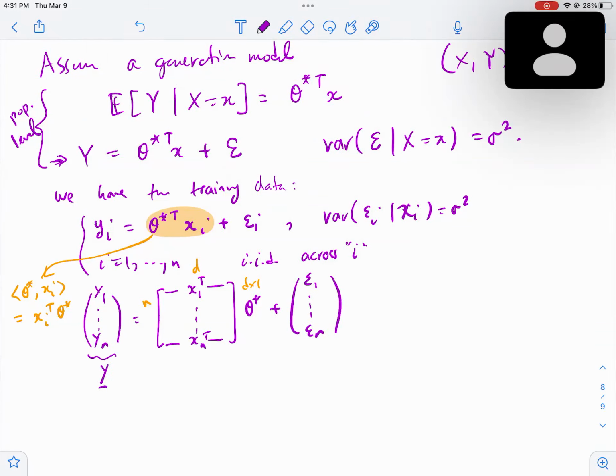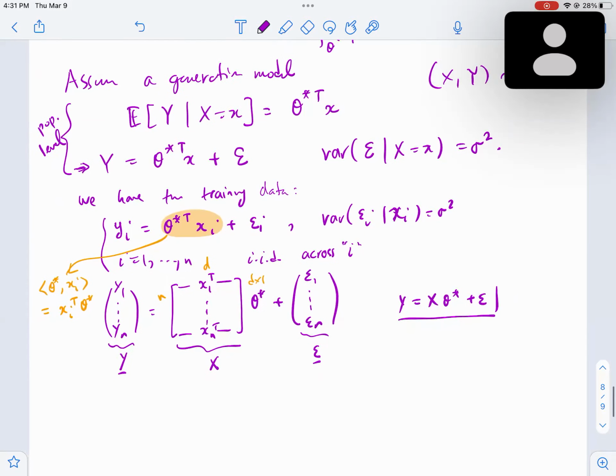So this I call y, this I call x, this I call epsilon. And so my model is y equals x theta star plus epsilon, which is your usual linear regression model. Okay, so that's the vector notation. So far, so good. Hopefully clear to people.